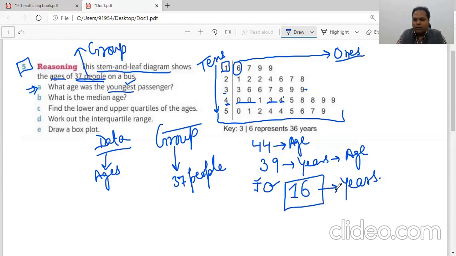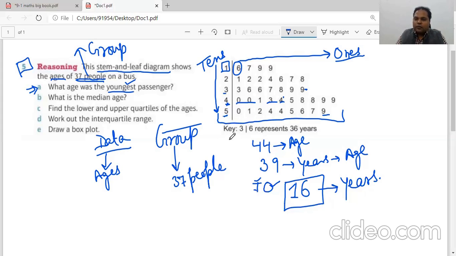All right, so this is how we can find out the age of the youngest person just by looking at this data. Now, if I ask what is the age of the oldest passenger in this entire group, then we can simply say 5 from the tens and 9 from the ones. Why? Because we are talking about the oldest one.